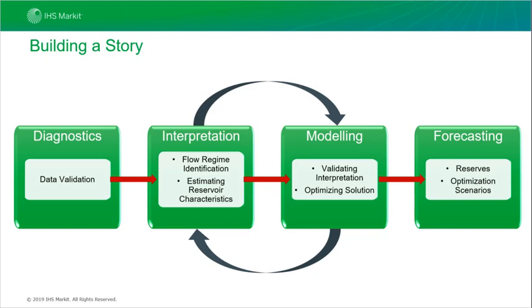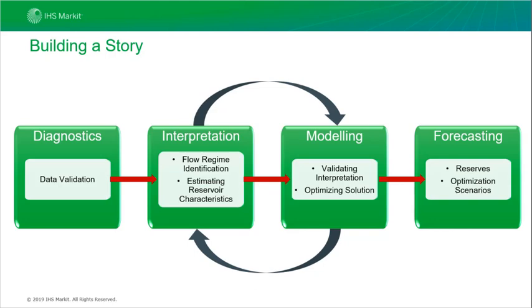And you can do your flow regime identification by using methods such as your type curves, and you can also estimate your reservoir characteristics using RTA tools such as your flowing material balance. Now, once we've done our interpretation, we can then move on to modelling and history matching. And this includes validating your interpretation and optimizing your solution. And you do this using both analytical and numerical models.